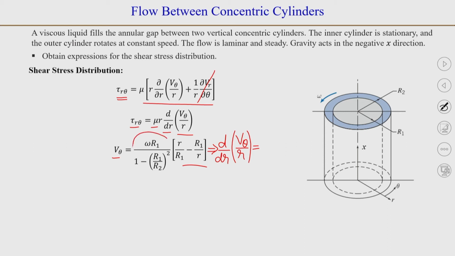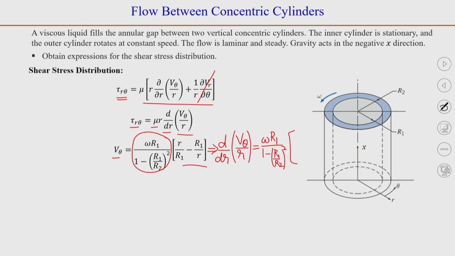All this is constant. So, you will have this constant, say omega r 1 divided by 1 minus r 1 by r 2 squared, into the first term in the bracket will become a constant, because you divide by r.